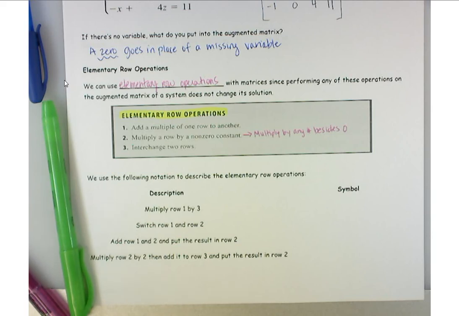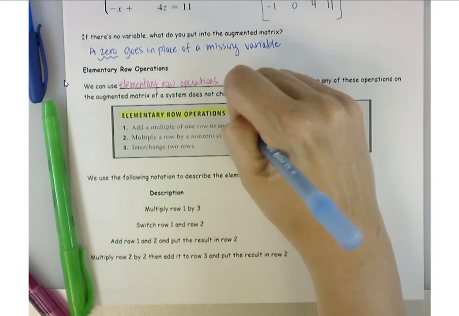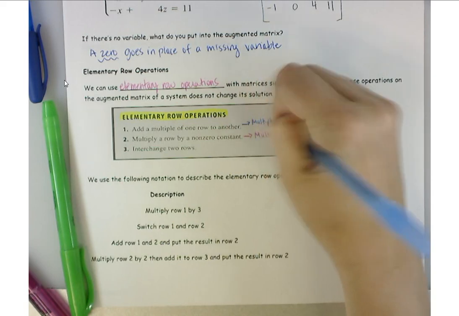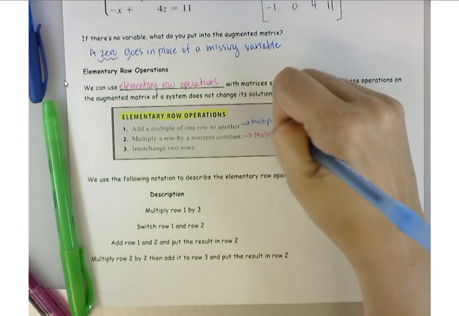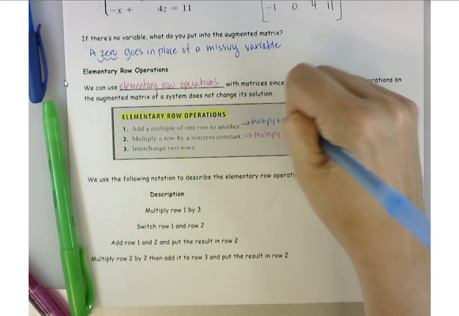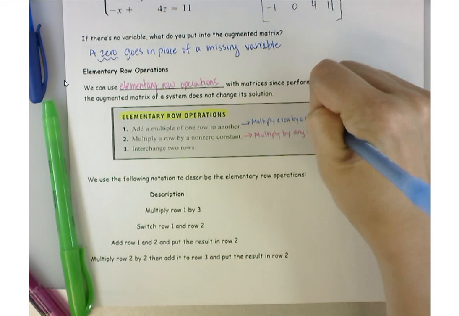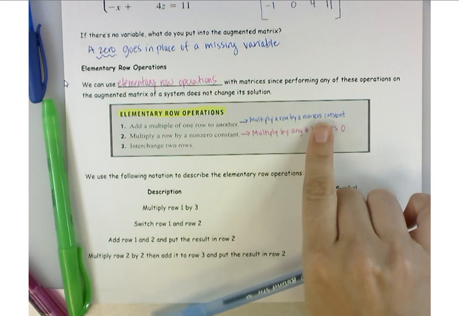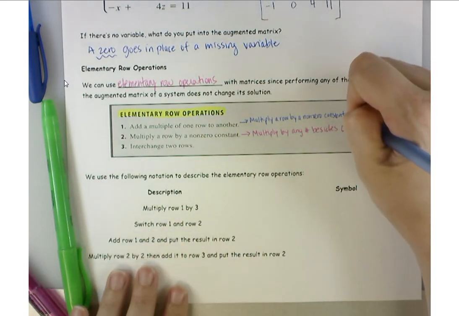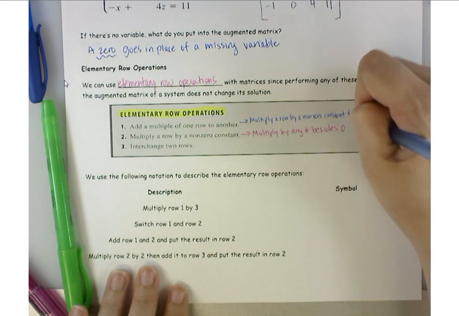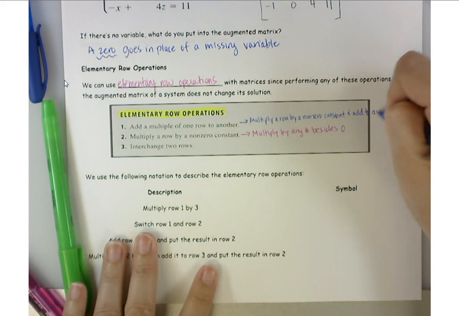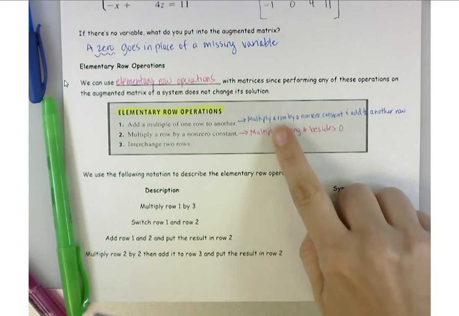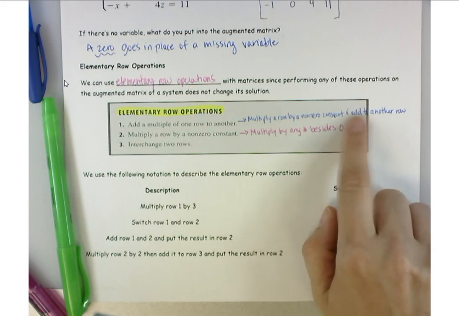So when you add a multiple of one row to another, you're multiplying a row by a non-zero constant, and then you're going to add that to another row.